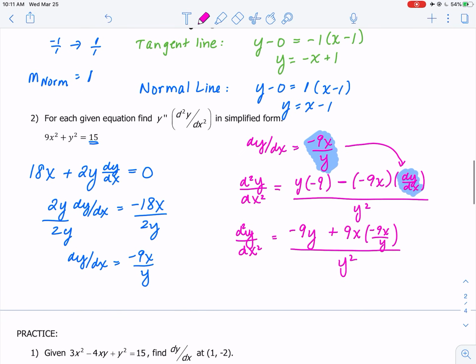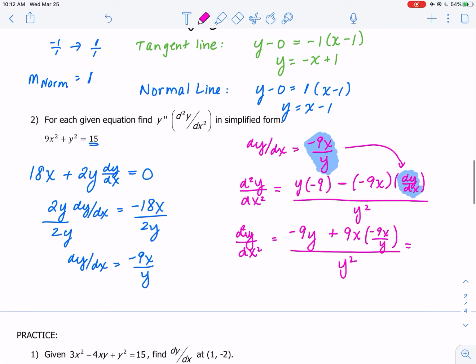We just need to continue cleaning this up. So moving over to the right, let's write this as negative 9y. Writing this as a single fraction, this will be minus 81x squared over y, and that will be over y squared. The only thing we really need to do here, gentlemen, is to take this ugly fraction, because we have fractions within fractions, and just write it as one fraction.